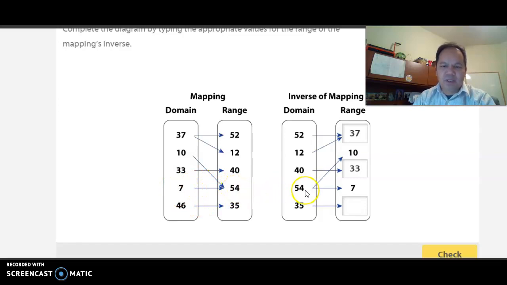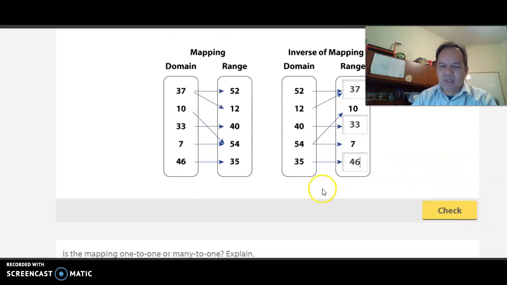Now 54 is mapped onto 10 and onto 7. And 46 maps onto 35, so 35 maps onto 46. So this is the inverse relation, not a function, because 54 has two outputs. Whereas the function also is not one-to-one, right?